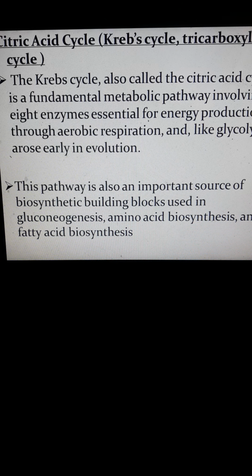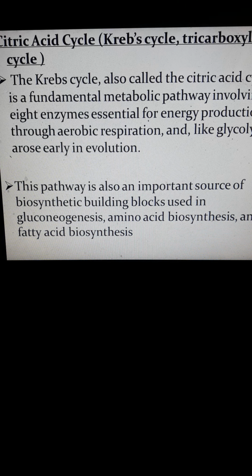That is why the pathway is very, very important for biosynthetic building blocks like oxaloacetate, which is also a product of gluconeogenesis, which is found in the cytosol, because pyruvate is converted to oxaloacetate, then oxaloacetate to malate, and malate back to oxaloacetate. So oxaloacetate is also one of the products of the citric acid cycle.